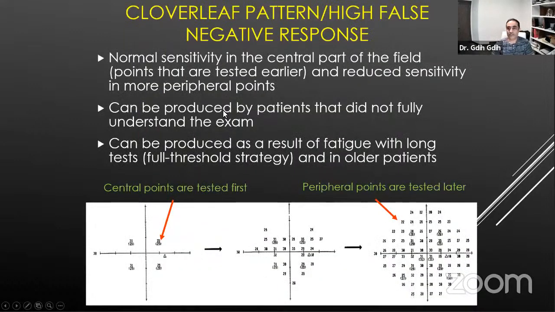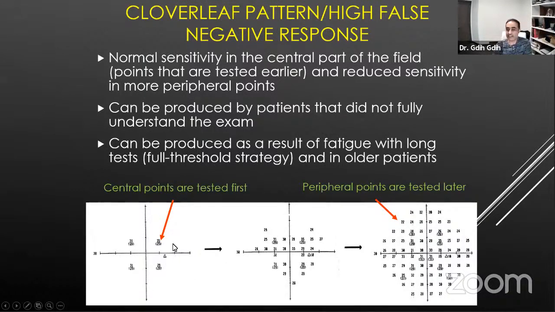Okay, so the clover leaf. We're going to talk about how the clover leaf is an indication of an unreliable test, and I'm going to explain how the clover leaf is created in the visual field. If we go to the machine, like the Humphrey visual field machine, first of all, it starts testing 4 points in the central area.